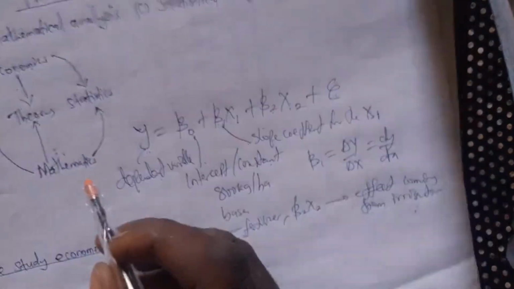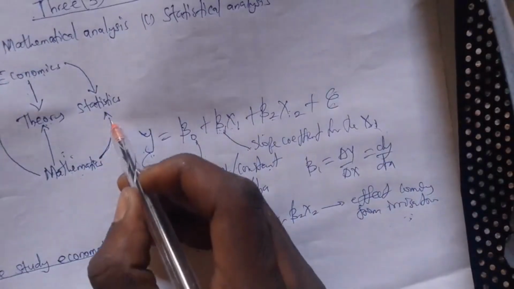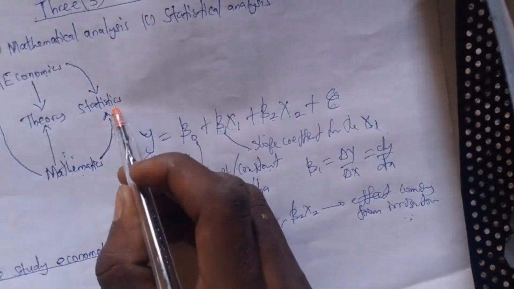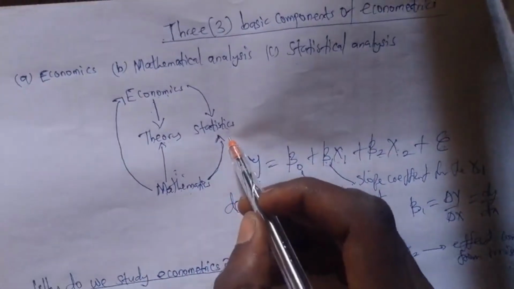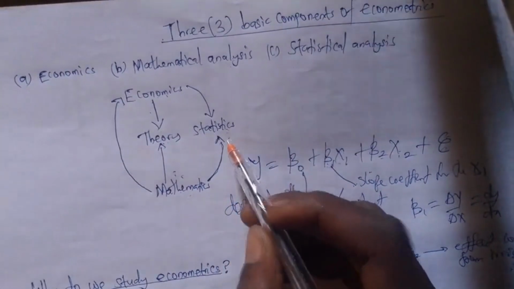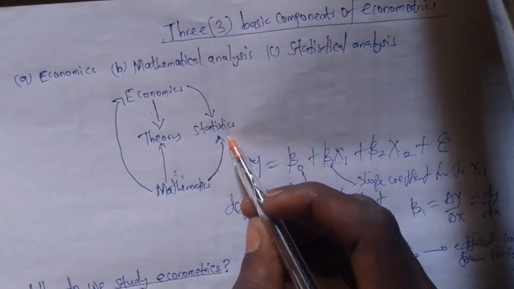Now, from mathematics, we move to statistics. Statistics helps us collect data from many irrigated farms, and by collecting data we are able to estimate the beta values.